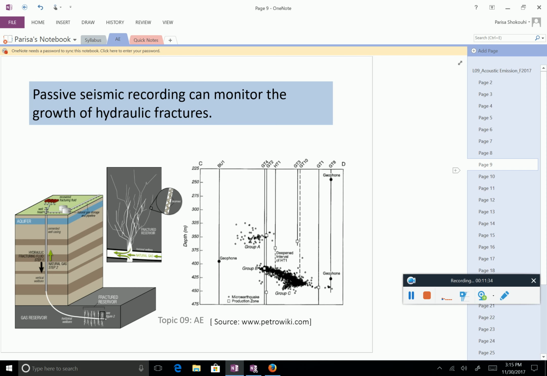So there are man-made earthquakes, and for that also, when you record them, sometimes you would hear the term passive seismic monitoring. In terms of principle and what's going on, it is very similar to acoustic emission. You have a transducer and you listen to what's going on as you are going through the process of fracture.